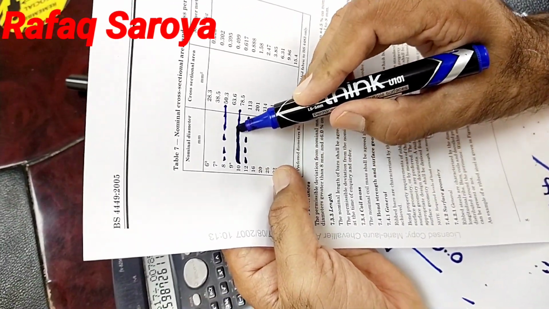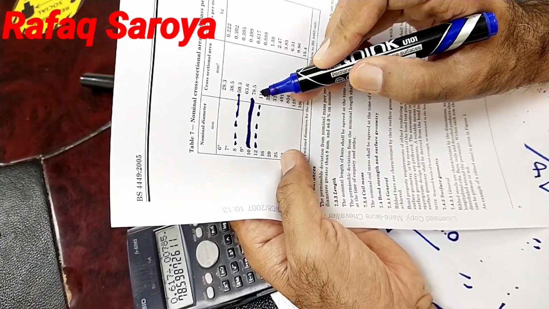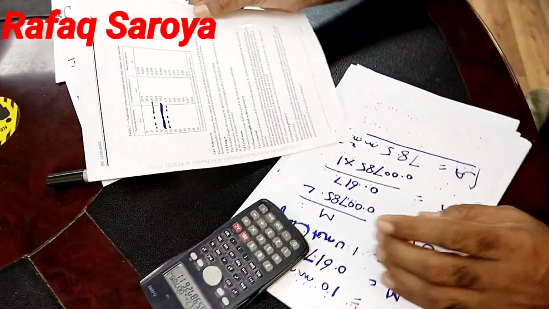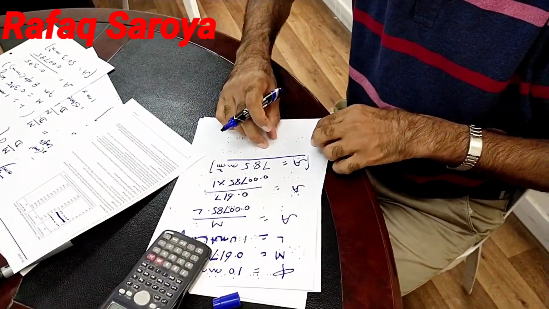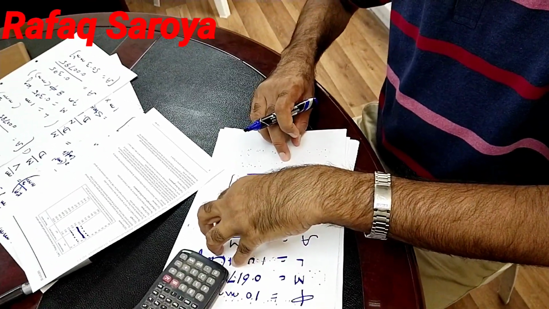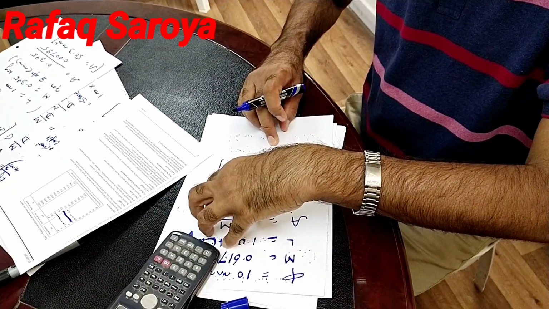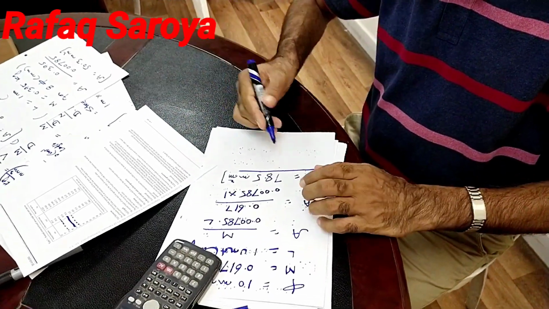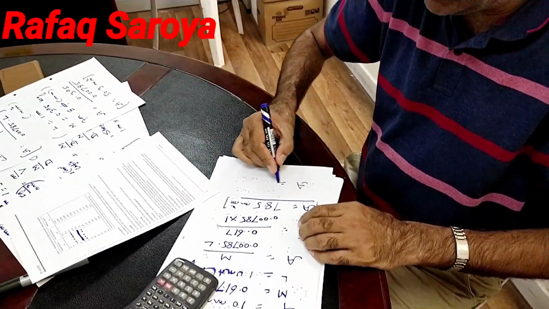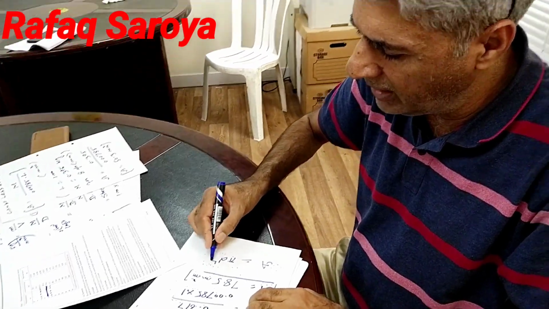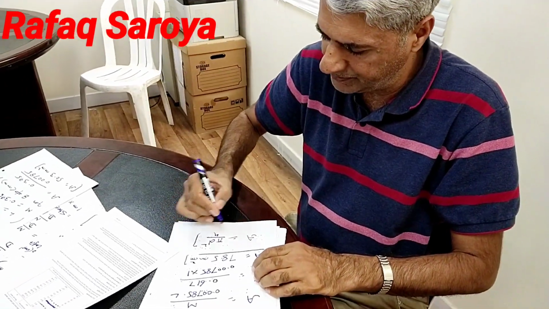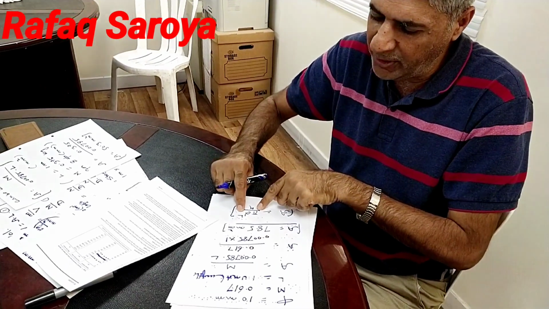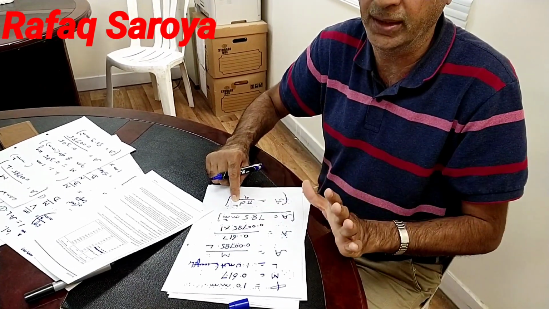As I go to this 10 mm, the area of cross section also comes out to be 78.5. So here I can say that whatever this formula is being used in order to determine the effective cross sectional area, it is giving exactly the same result as our formula A is equal to pi d square over 4. Now the question arises, what is the difference between this formula and this formula?